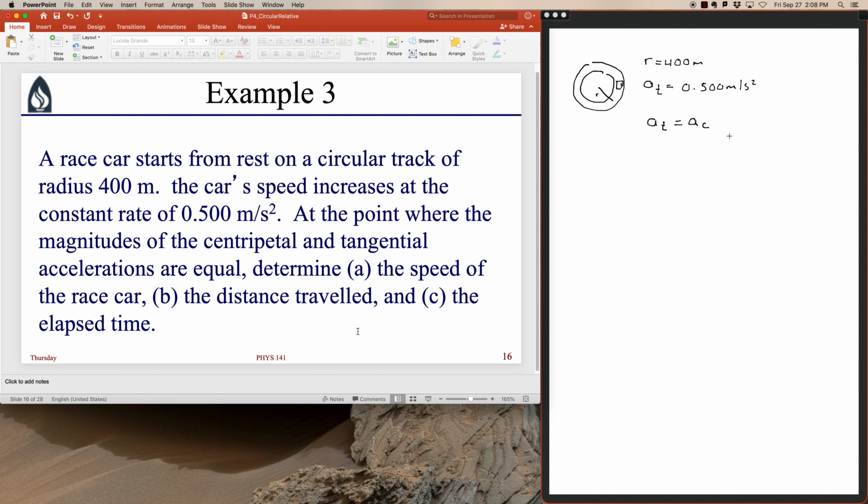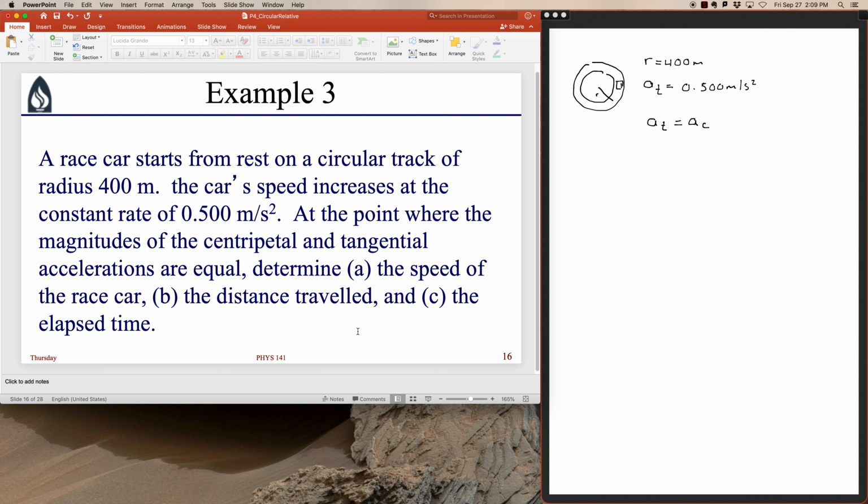All right, so how do we go about solving this problem? Well, I already have a value for the tangential acceleration. And I know that at the point I'm interested in, the tangential acceleration is equal to the centripetal acceleration.